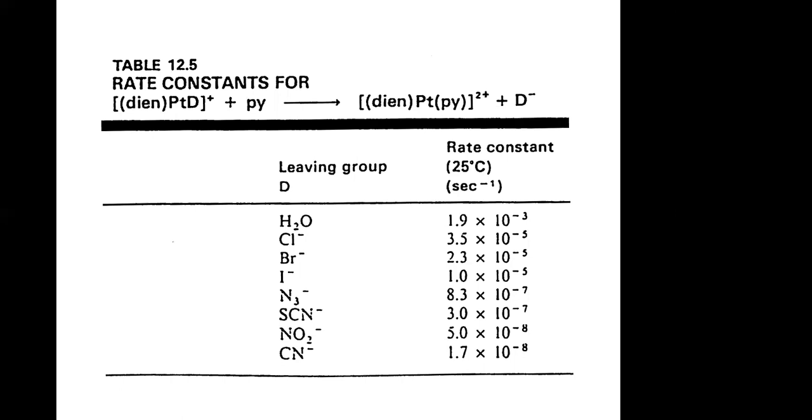And as you would expect for an associative mechanism, we expect the rate might depend not just on the nature of E, the entering ligand, but also the nature of D, the departing ligand. So this is also what we'd expect for a dissociative mechanism. So this observation alone doesn't really tell you one way or the other, whether the mechanism is associative or dissociative.